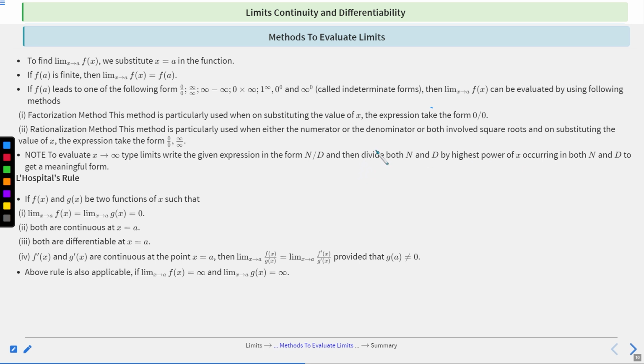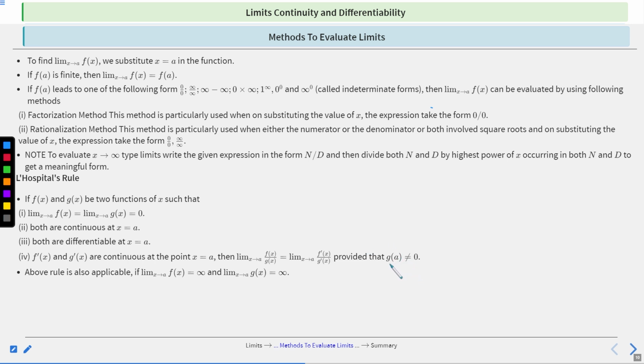Next one is L'Hospital's rule. It says if f(x) and g(x) be two functions of x such that limit x tending to a f(x) is equal to limit x tending to a g(x) is equal to 0, both are continuous at x equal to a and both are differentiable at x equal to a, and f'(x) and g'(x) are continuous at point x equal to a, then limit x tending to a f(x)/g(x) is equal to limit x tending to a f'(x)/g'(x), provided that g'(a) is not equal to 0.